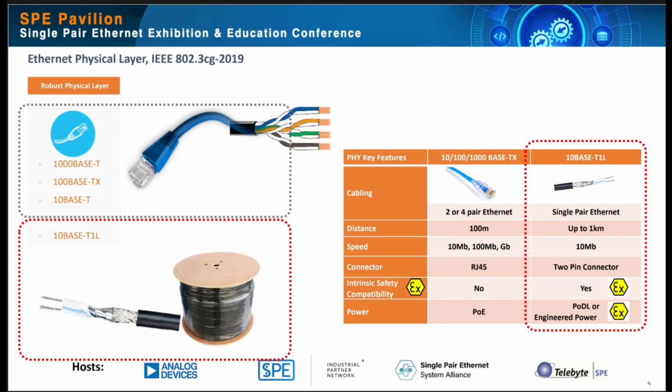Particularly in process control, which was where this technology emerged in terms of its need, you can reliably use your 10 megabits of data in environments that are hazardous, explosive. The energy within the SPE cable is such that it won't be the generator of a spark and is therefore an intrinsically safe solution. And like standard Ethernet, you can actually have power over the same pair of wires.